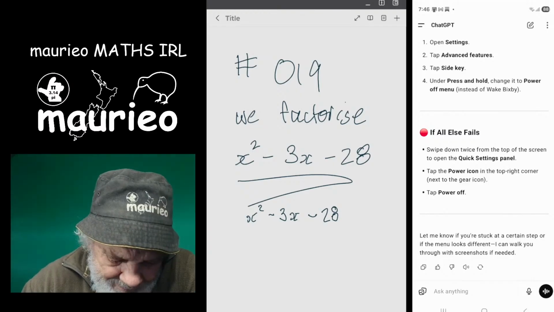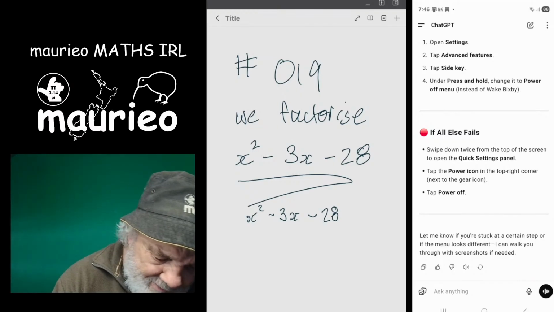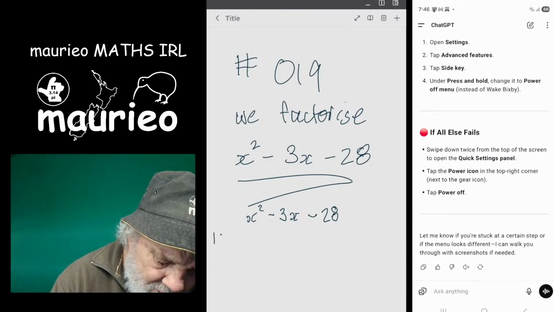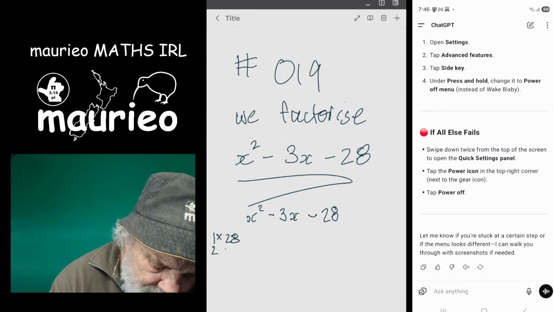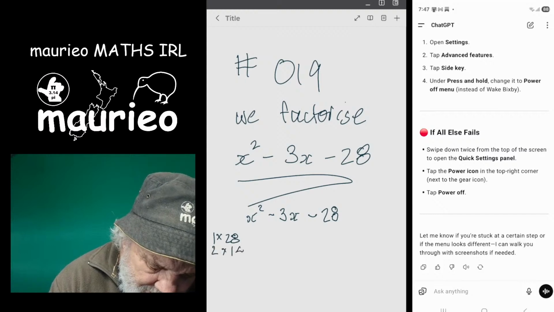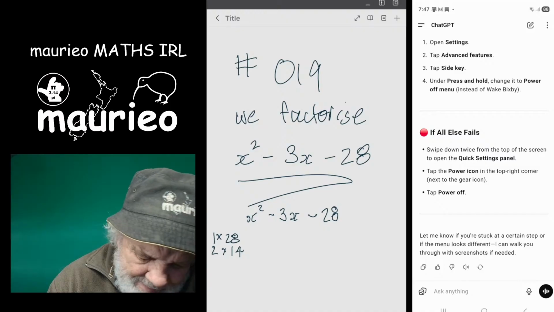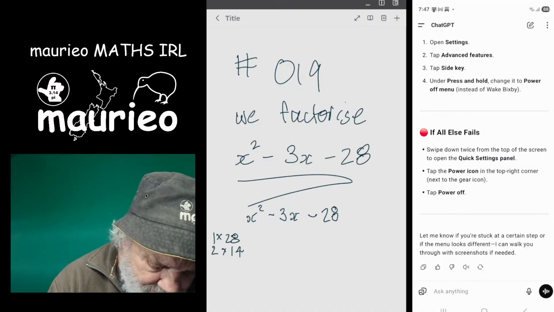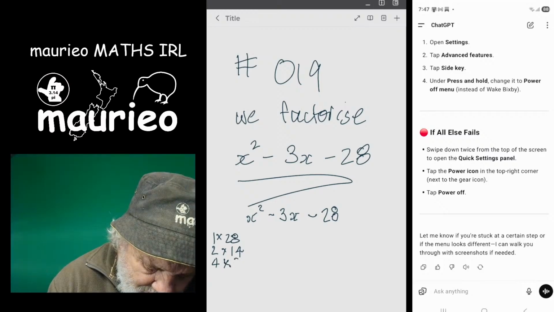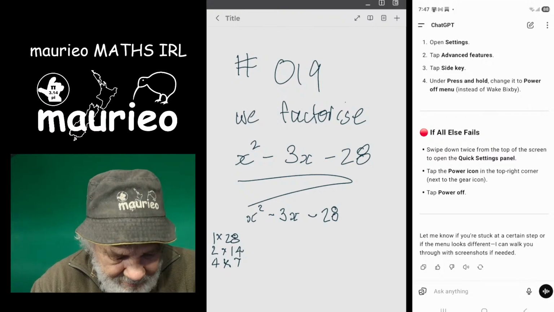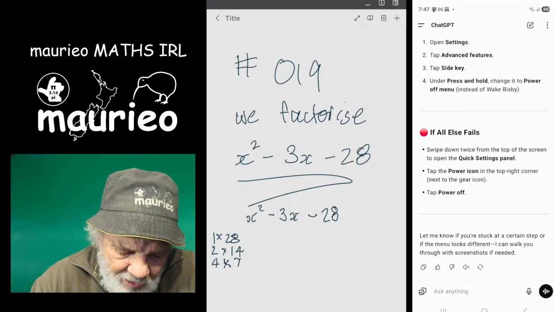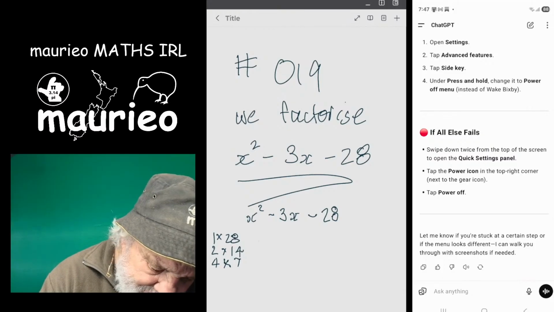So factorize 28 as my first step: 1 times 28, 2 times 14, 4 times 7, and I think that's all. Yeah, so they're all our factors.